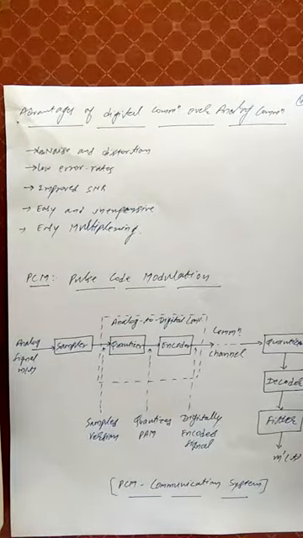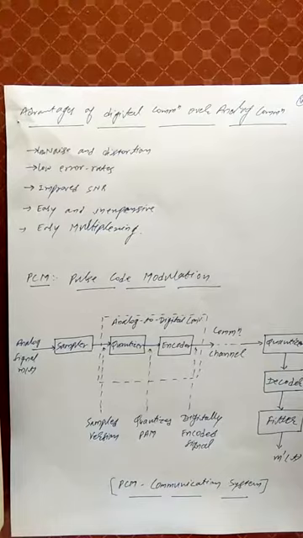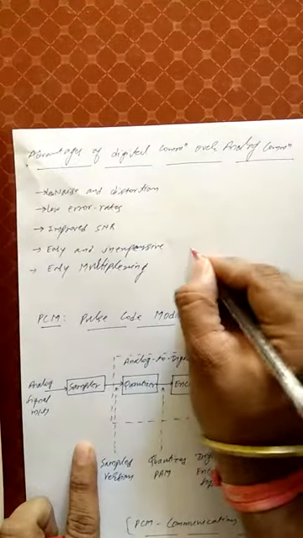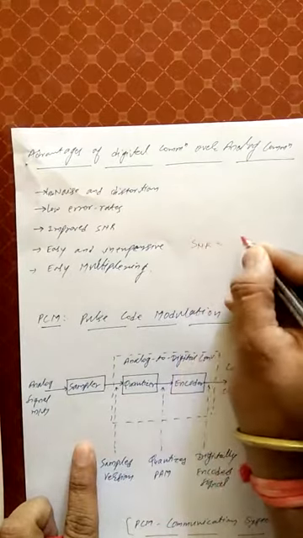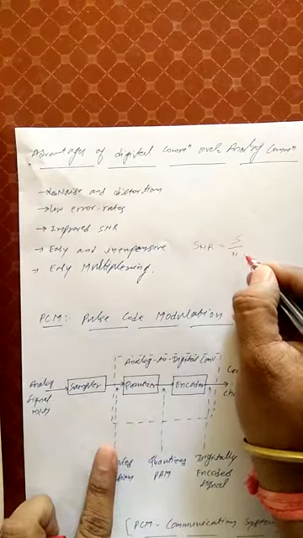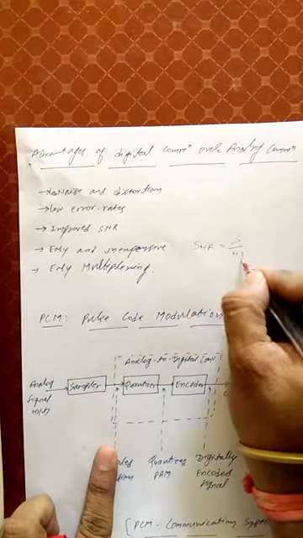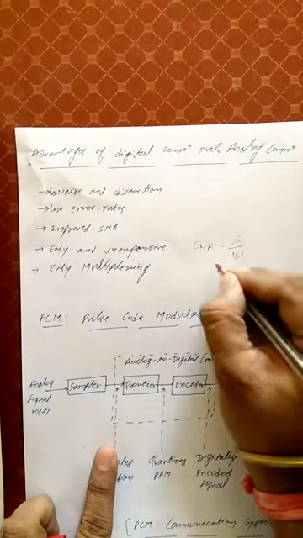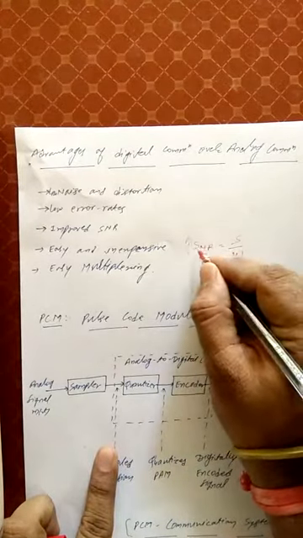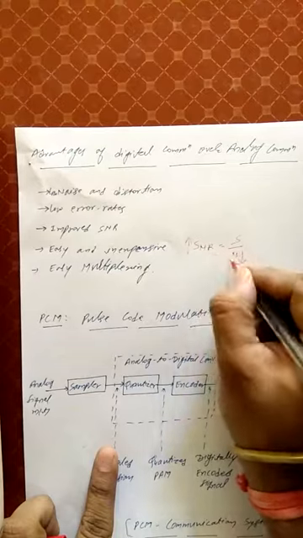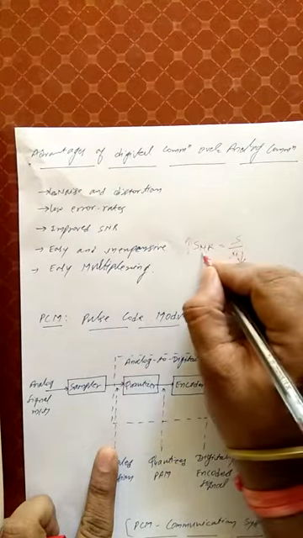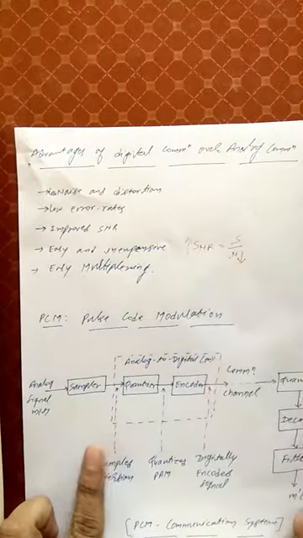SNR is defined as the signal to noise ratio. In digital communication, noise is decreasing, so ultimately SNR will be improved because of the inversely proportional relationship between the SNR and the noise.